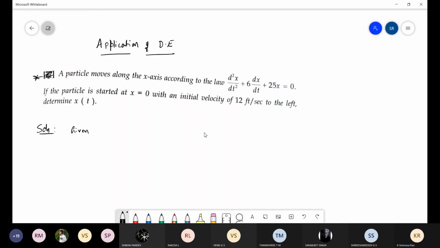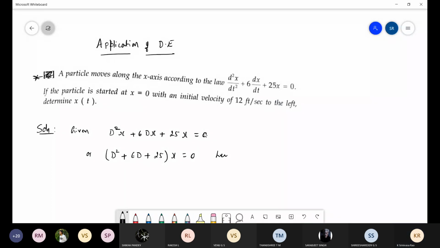Given d square x plus 6 times dx plus 25x equal to 0, or (D square plus 6D plus 25) x equal to 0.